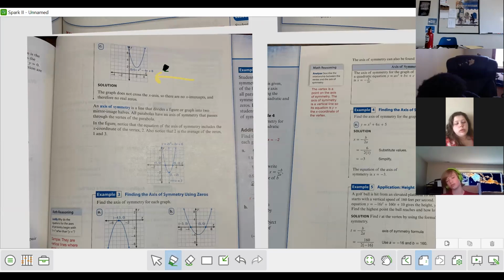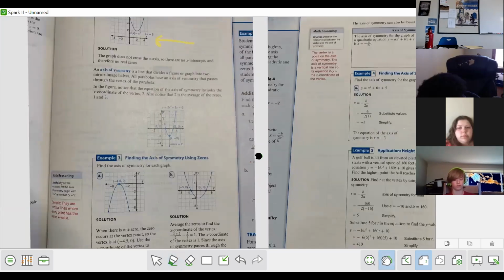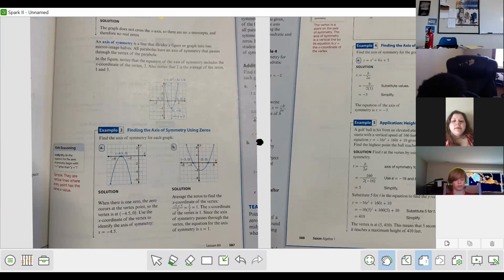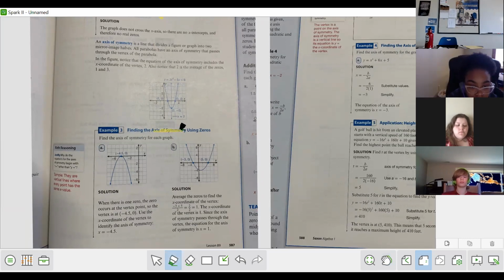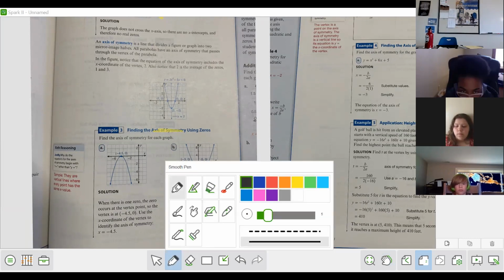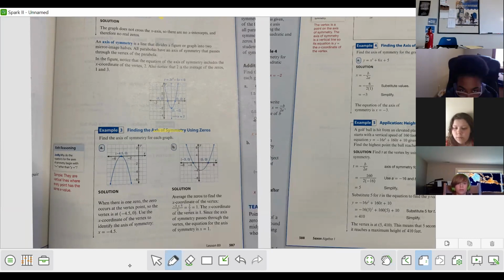All right. The other thing that they ask you about is what's called the axis of symmetry. The axis of symmetry is the imaginary line that is right in the middle of that parabola. Like it would be right there and right there.